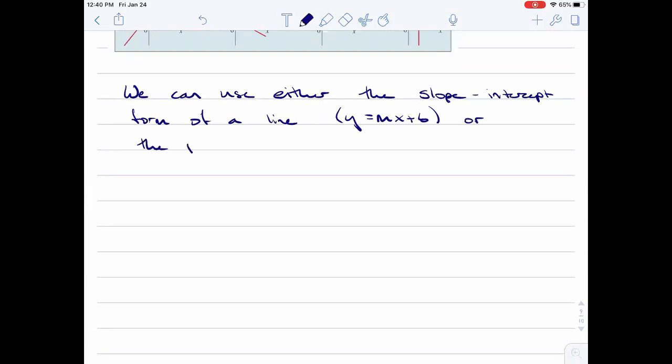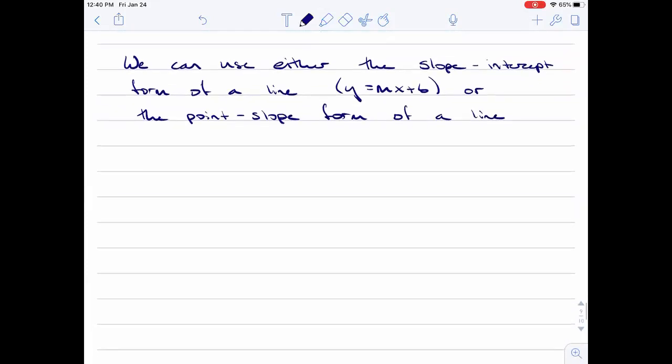Or the point slope form of a line to solve for a linear equation. Should we go that far and call it that? Linear means straight line, right?